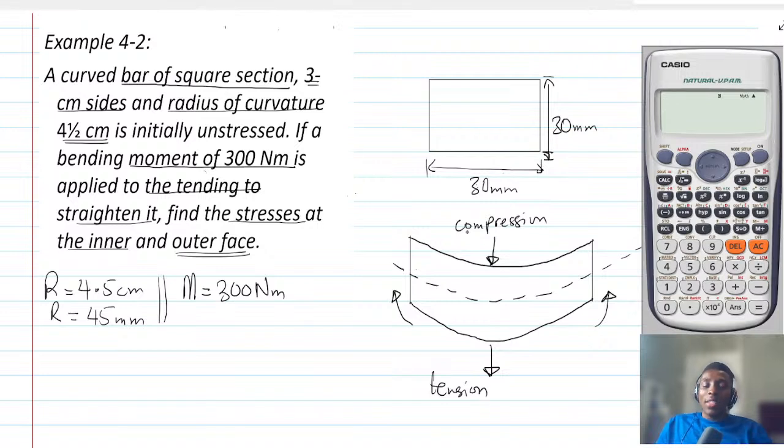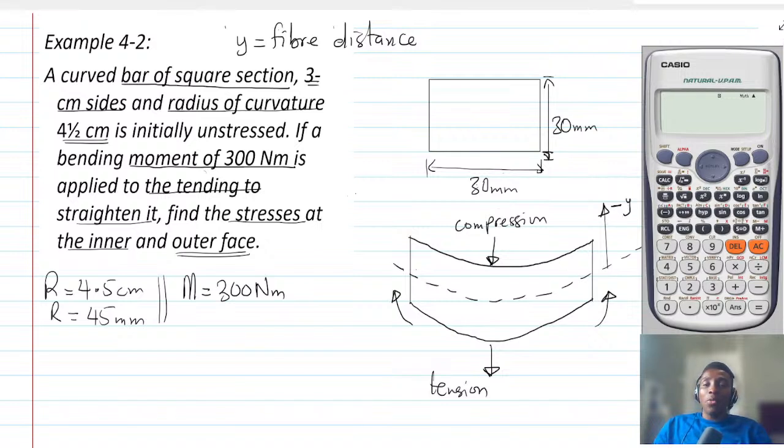Normally we call something the fiber distance, which is y. If we move in a direction going up, we say it is minus y.